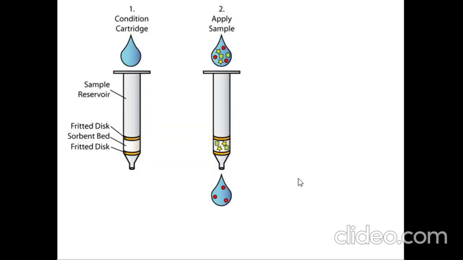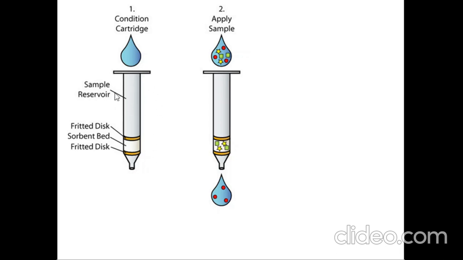Right? So this is an illustration of how solid phase extraction takes place. As I said, the sorbents are packed into a device called a cartridge.